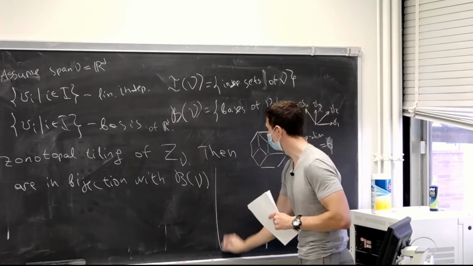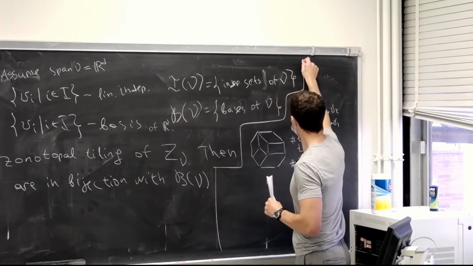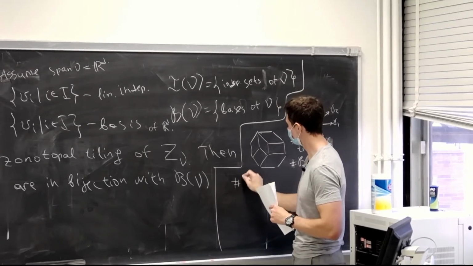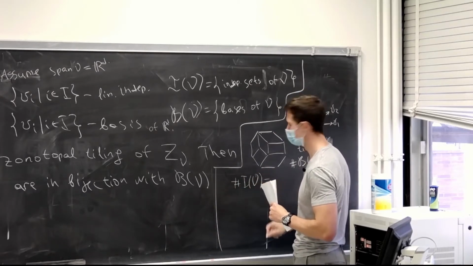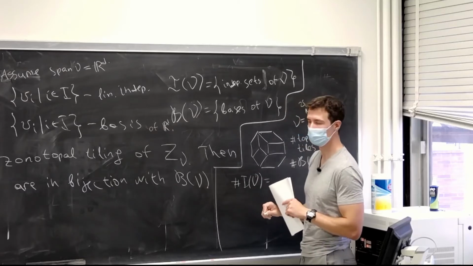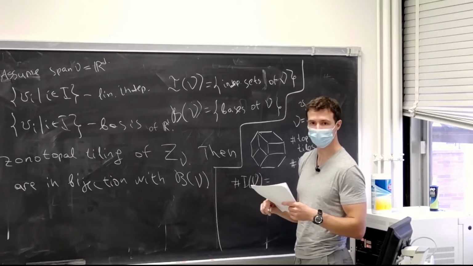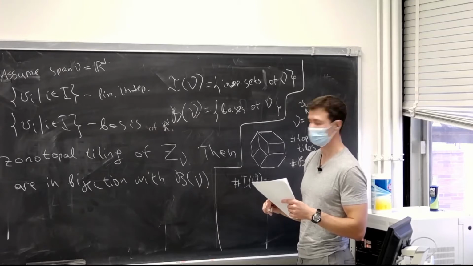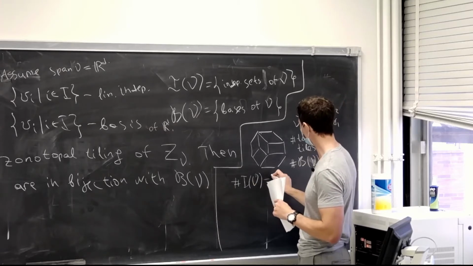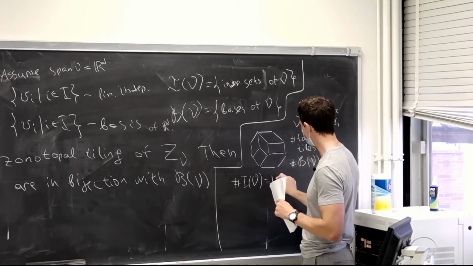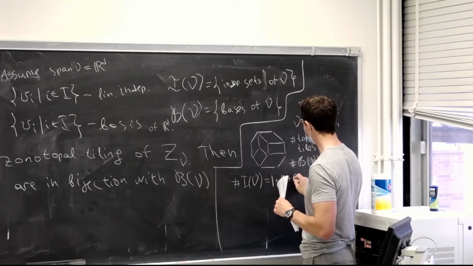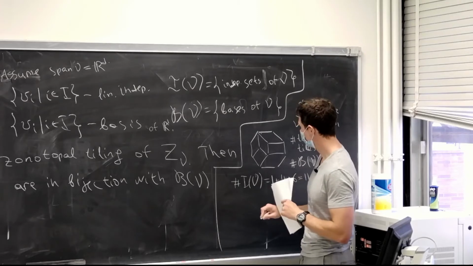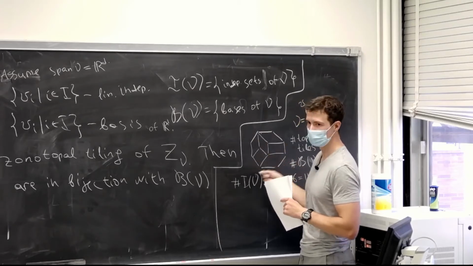If I want to count the number of independent sets, how many independent sets? 11. Nice. Yeah, so there is one empty set plus 4 one-element sets plus 6 bases. That's 11. What is 11 about this picture?